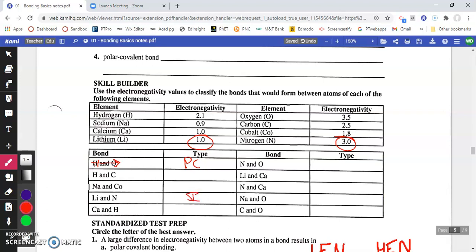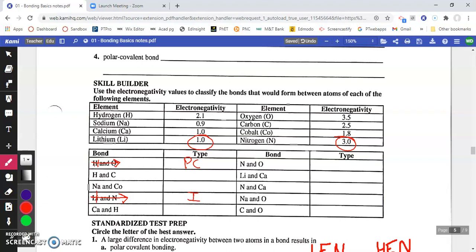That's going to be ionic. Lithium, nitrogen. Your dipole for an ionic compound always goes from your metal to your nonmetal. The nonmetal is always the one that is getting the electron. So ionics always go from metal to nonmetal.